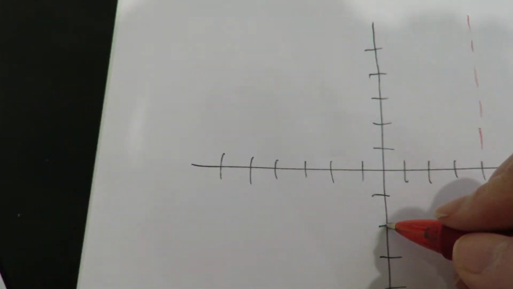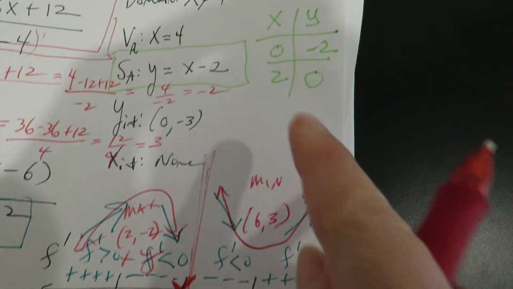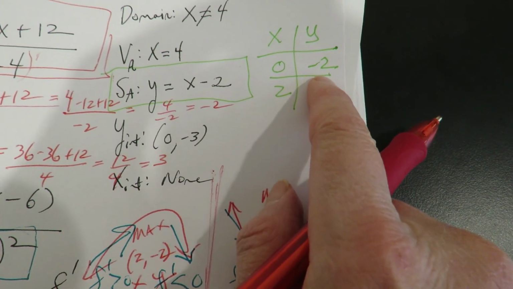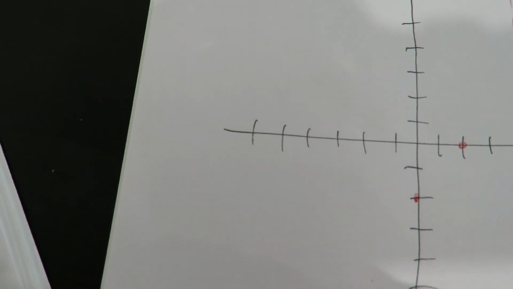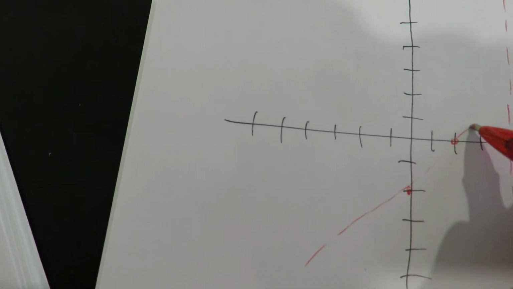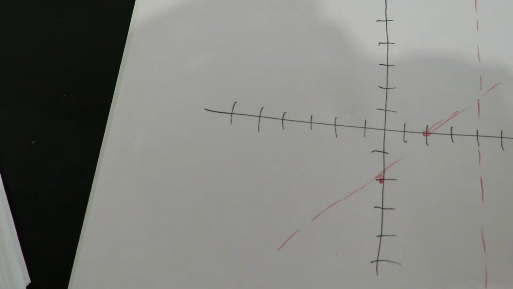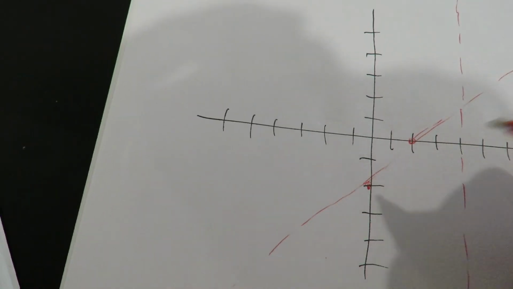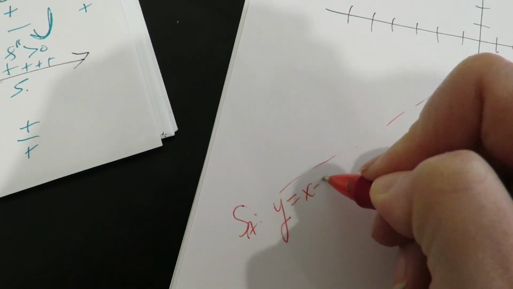So I'm going to graph 0, -2 and 2, 0. I just graphed these two coordinates, and that's all you need to draw a line. So now I can draw a line. That's my slant asymptote, which is y equals x minus 2.